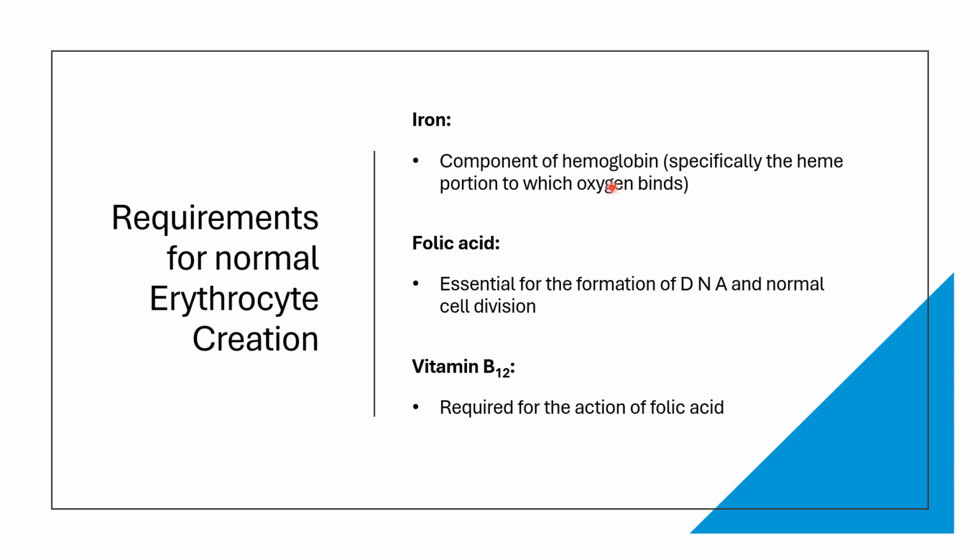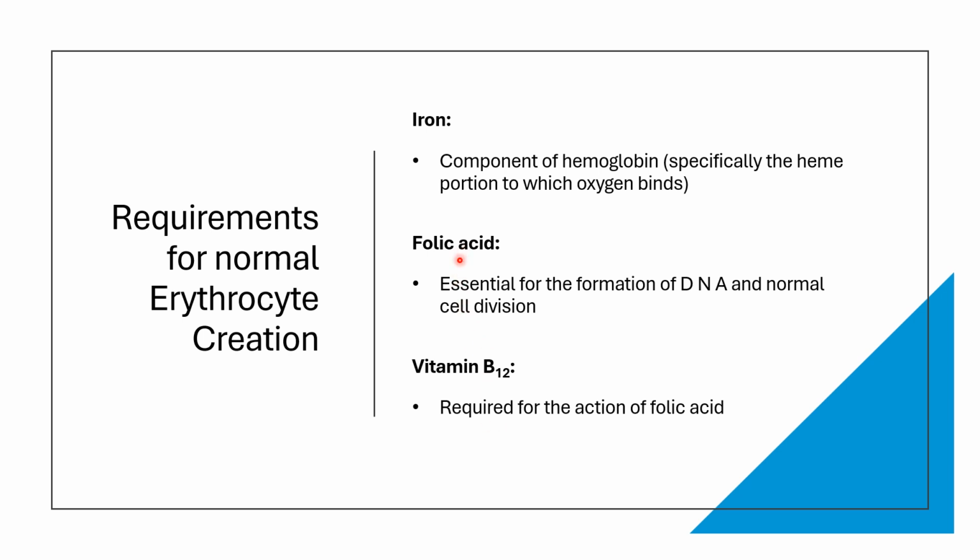We need to be able to make that, and one of the ingredients for making hemoglobin as a protein is iron, okay? Folic acid for helping to support the process of cell division when those cells are made from the precursor stem cells in the bone marrow.